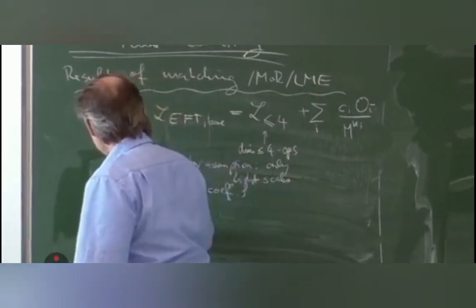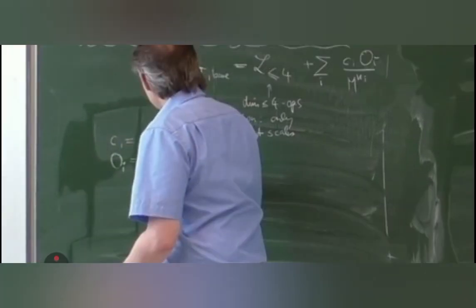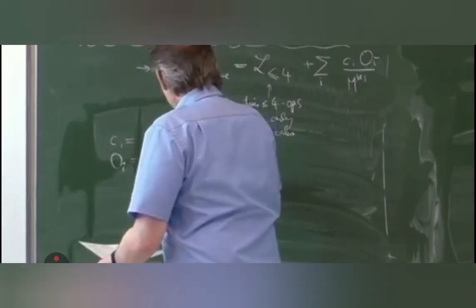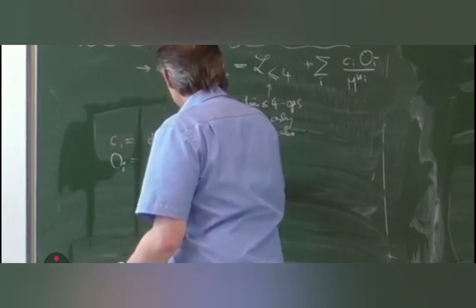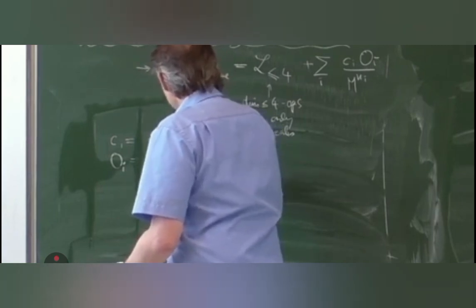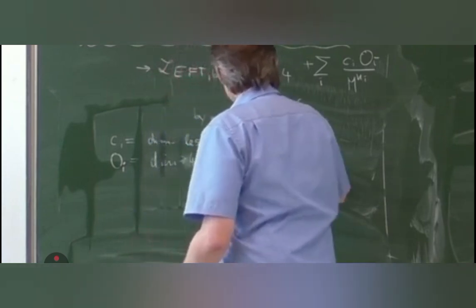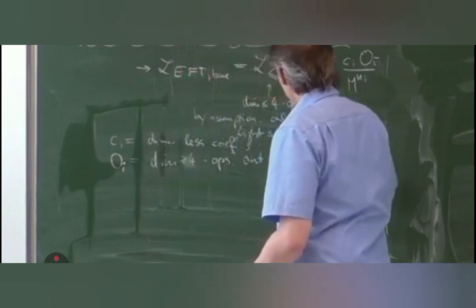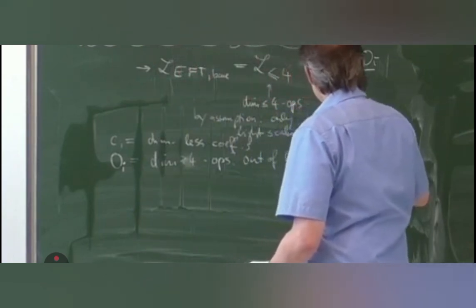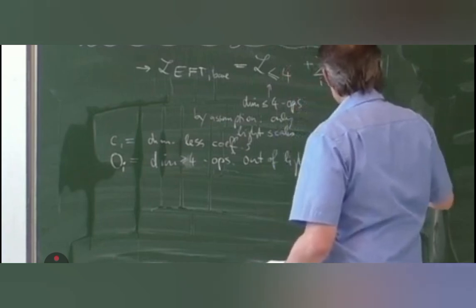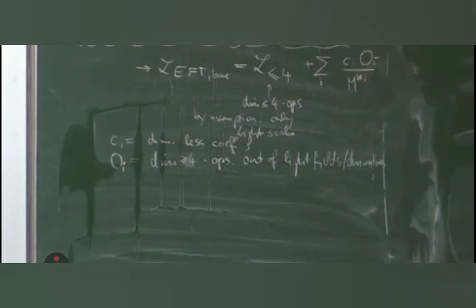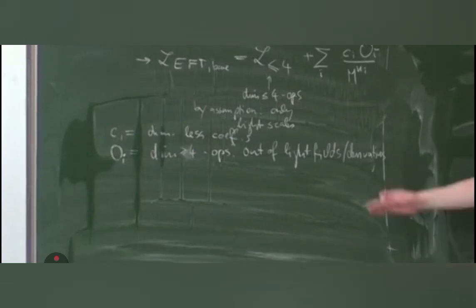The operators Oi are operators with dimension bigger than 4, and they are constructed out of light fields and their derivatives. Remember, derivatives give momenta in the Feynman rules, and if we have a certain polynomial in the momenta in the Feynman rule, we need a certain polynomial of derivatives in the operator in the Lagrangian.